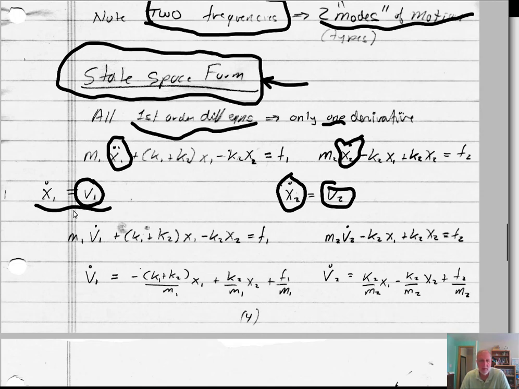If we rename x1 dot and x2 dot, then x1 double dot becomes v1 dot, x2 double dot becomes v2 dot, and now we have first-order differential equations. No big deal, it's just in terms of velocity.